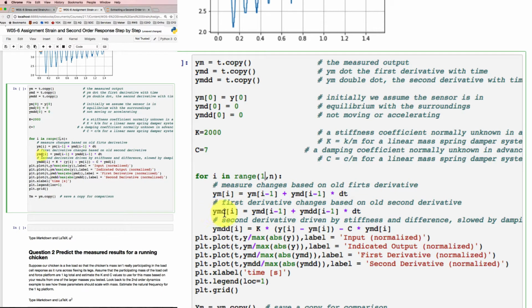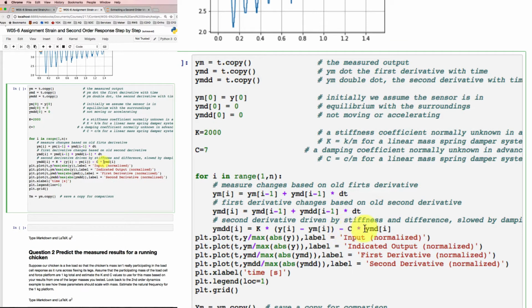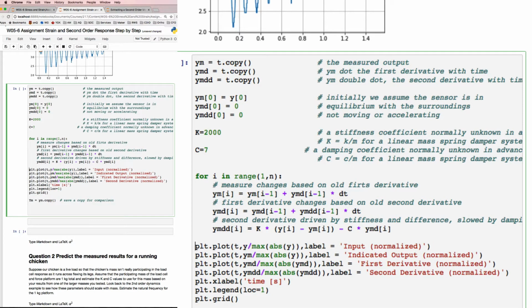And the same thing, we can advance the first derivative based on the old value of the first derivative and the second derivative times delta t. And the second derivative, that's the one that's actually got all of that information in it from the differential equation. So k times y minus ym and c times the derivative, the velocity. So that should be the part that does all of my calculations.